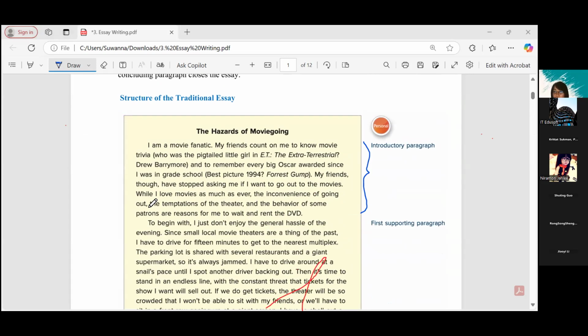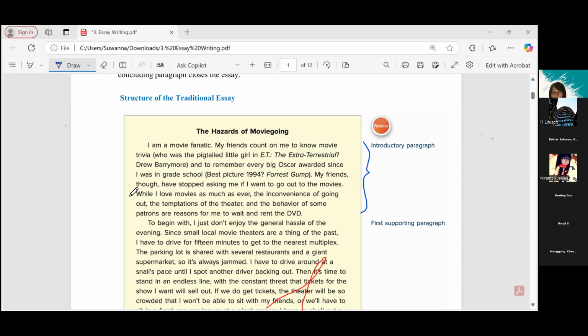Now, let's take a look. My friends, though, have stopped asking me if I want to go out, this is the third sentence. Then, while I love movies as much as ever, the inconvenience of going out, the temptations of the theater, and the behavior of patrons are reasons for me to wait and rent the DVD.